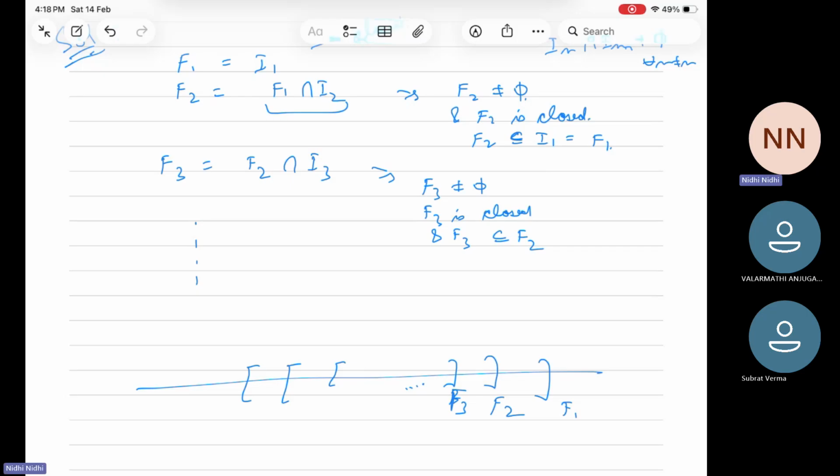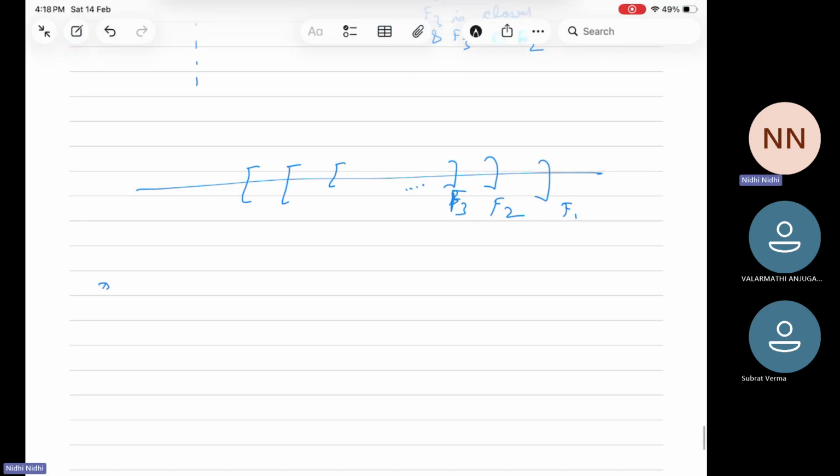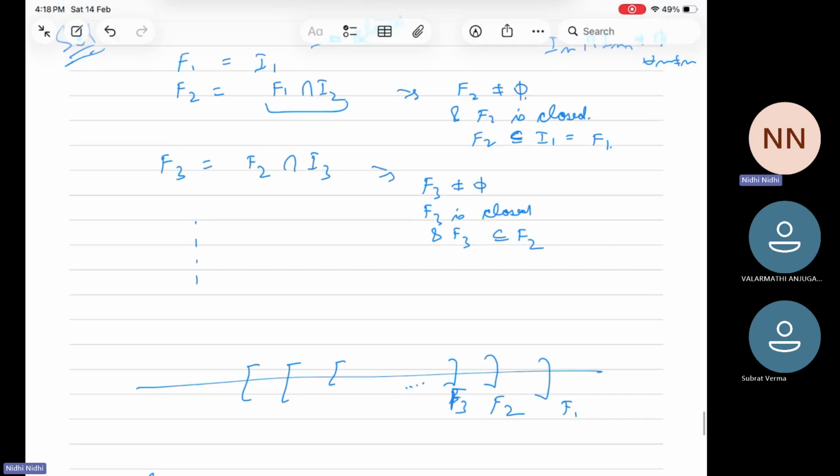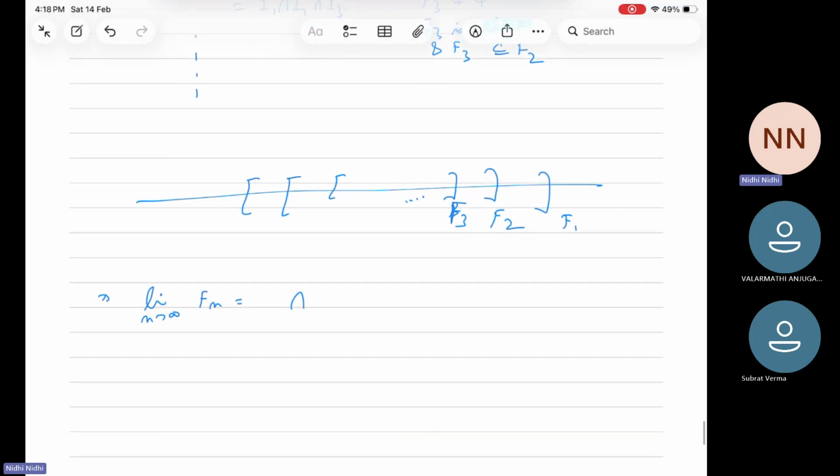And what will be the limit as n tends to infinity of Fn? This will be the intersection of all sets. We started with I1 intersection I2, then F3 will be I1 intersection I2 intersection I3, and so on. So basically we are going towards the intersection of all the sets, the intersection over n of In.